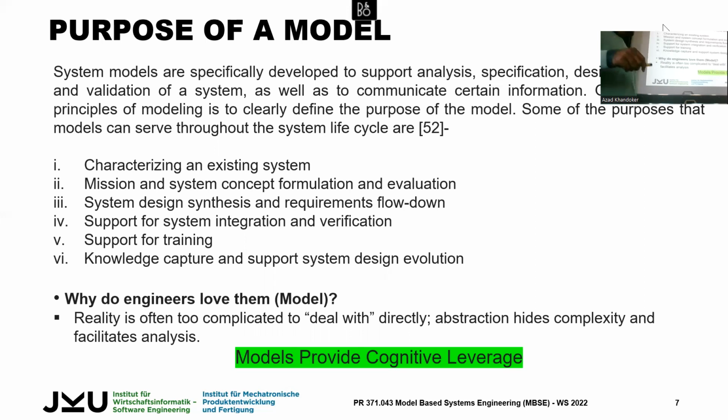Abstraction hides complexity and facilitates analysis. So that is why, in this modern age, everybody wants to apply model-based systems engineering, but there is no specific solution so far. So a model provides cognitive leverage. That is the summary of this slide.